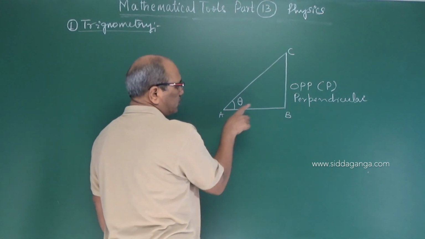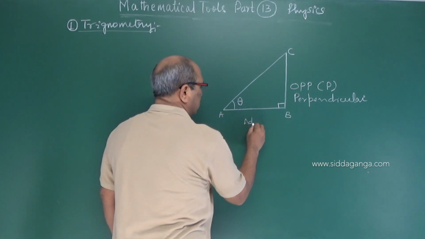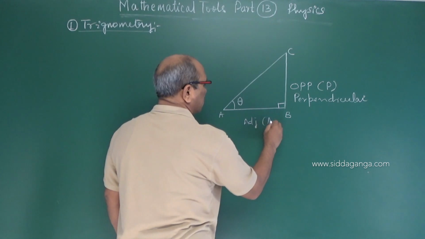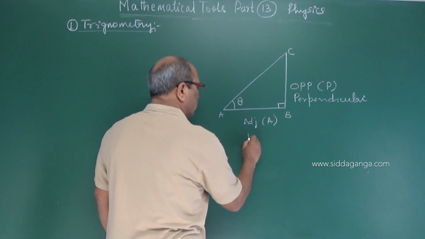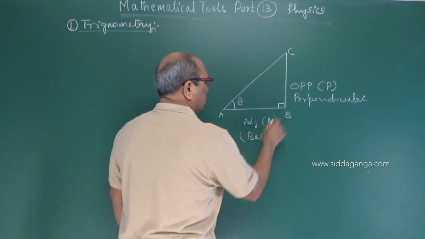And this AB, which adjoins the angle along with the 90 degree angle, is called the adjacent side, which I am denoting as A, or it is also called the base. These are the two versions of how the labeling is done.